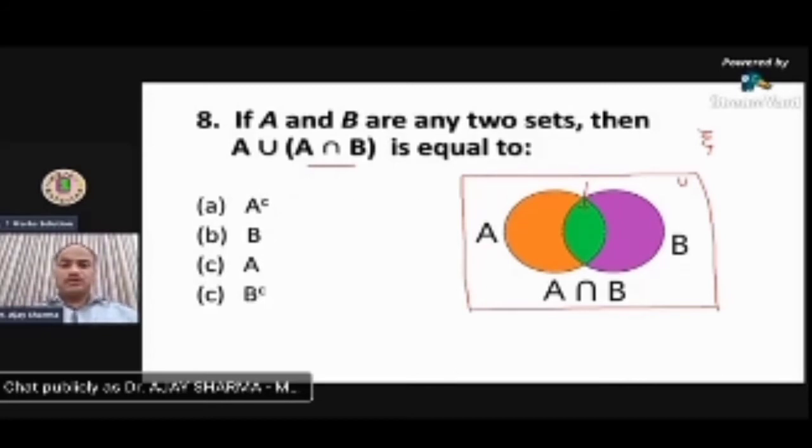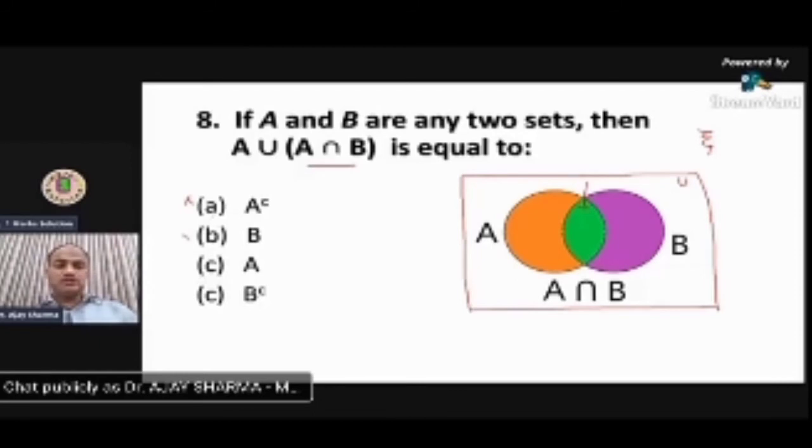Now look at what we are aiming for. We are aiming for this portion, which is equal to A union (A intersection B). So set A and the union of this. Obviously this thing is not equal to this portion, so it is a wrong thing. Now B, this is obviously a different thing.